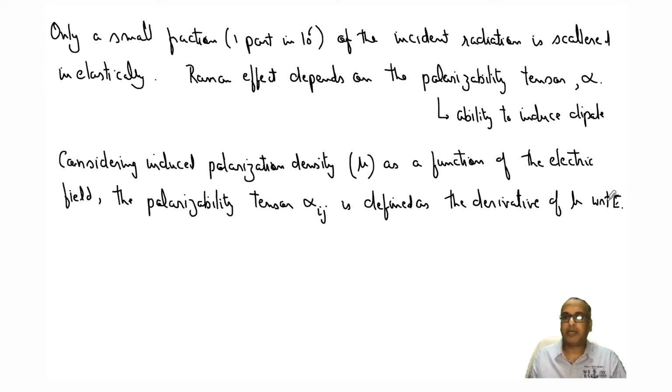Because the change is happening, the polarization is being induced because of E. So the polarization density divided by E will give you alpha, right?